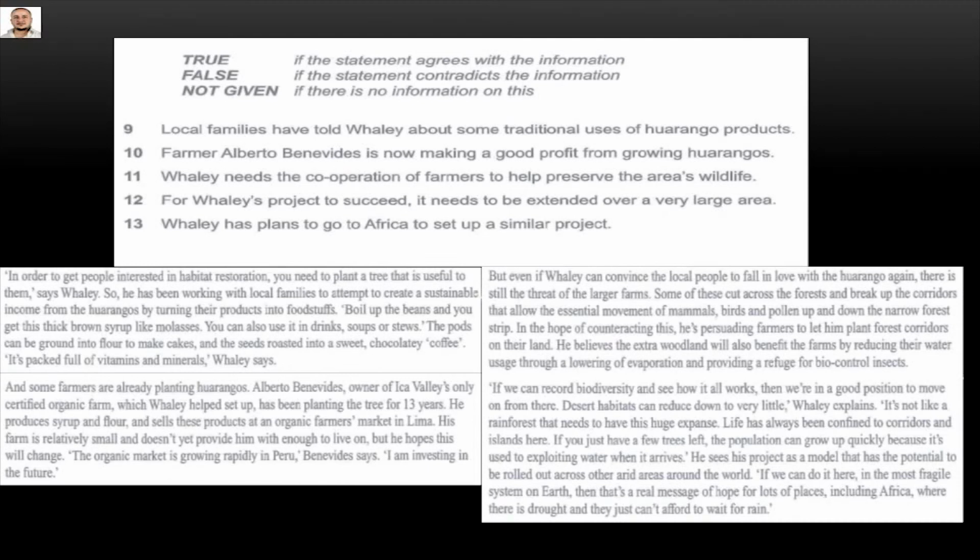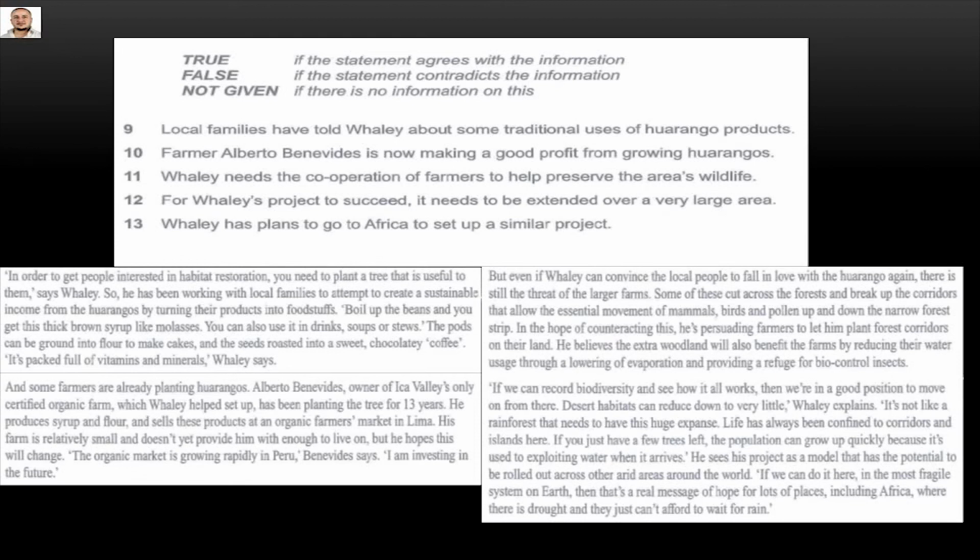In the hope of counteracting this, he is persuading farmers to let him plant forest corridors on their land. He believes the extra woodland will also benefit the farms by reducing their water usage through allowing evaporation and providing a refuge for biocontrol insects.